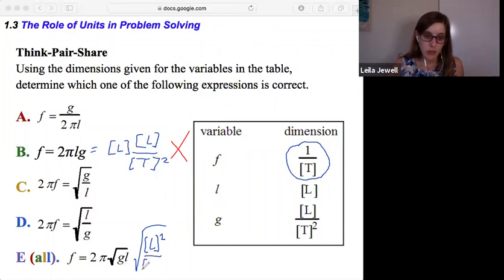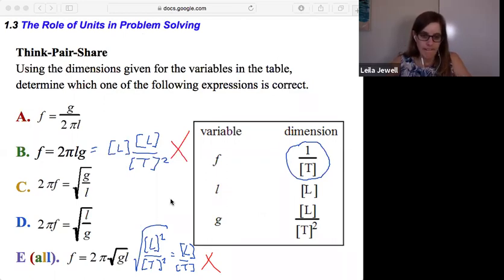And when we take the square root of that, then we are just left with L over T, which incidentally is much closer because now we at least don't have any squares. It still isn't matching what we ultimately want. So this is also not true. But this tells me that the square root is actually going to be a helpful thing. So it's probably not going to be A. So this leaves C and D as more likely options.